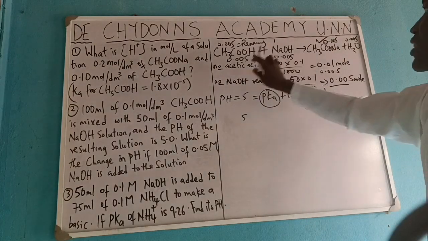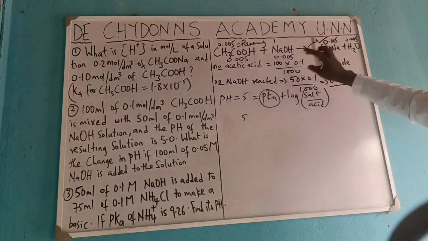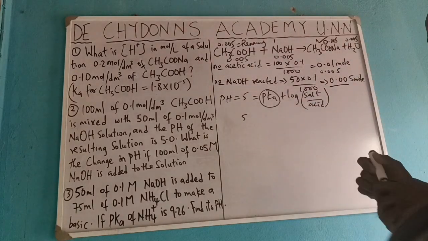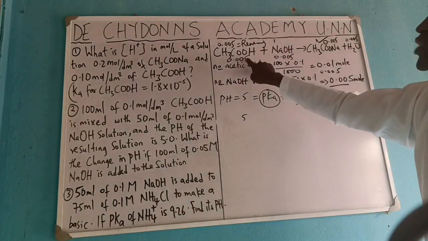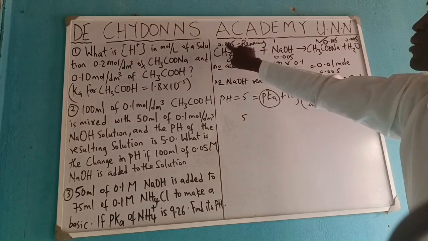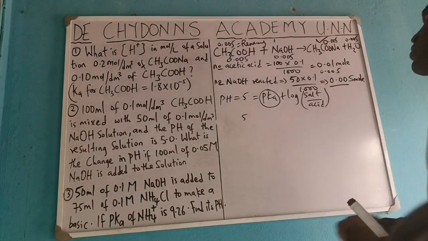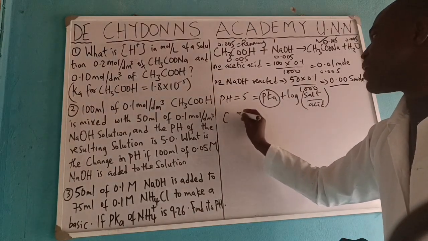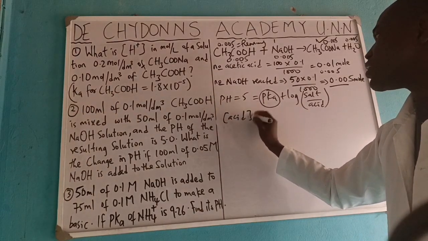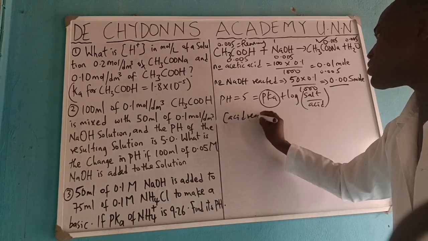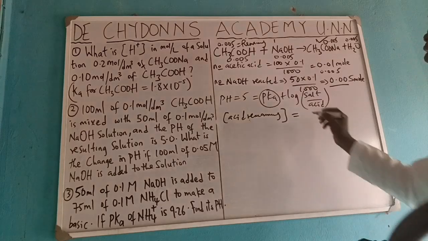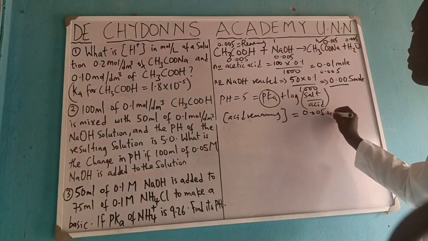So this reacting with this produces this in a 1:1:1 ratio. Once this neutralizes with this, there will be acid remaining. You note that the acid remaining in that first solution is 0.005 mole.